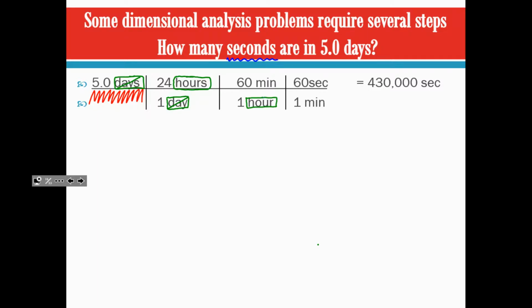Hours needs to go on bottom. And the conversion to go from hours to minutes is 1 hour equals 60 minutes. So now hours cancels, and I'm left in minutes. I need one more conversion factor to go from minutes into seconds. The conversion is 1 minute equals 60 seconds. The units will cancel out, and I'm left with seconds, which is what I wanted.